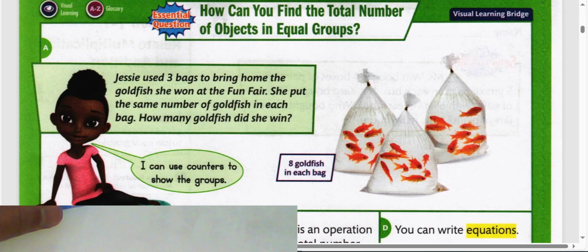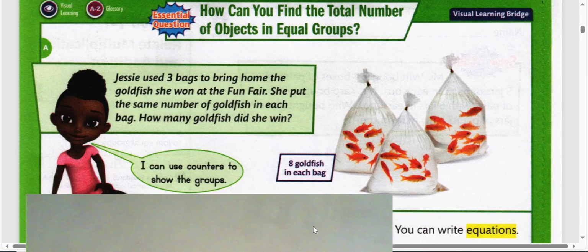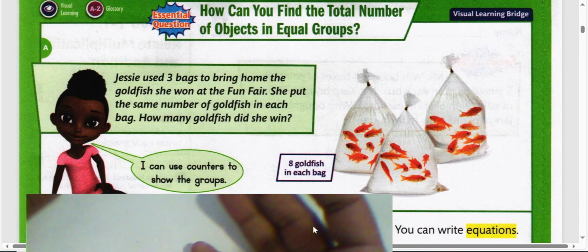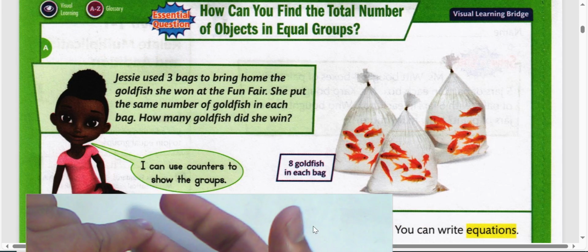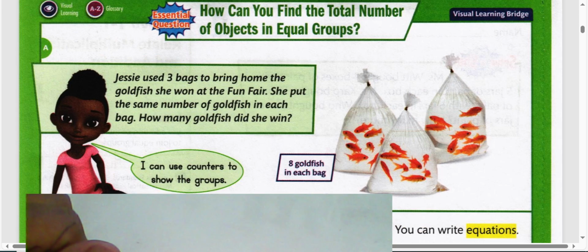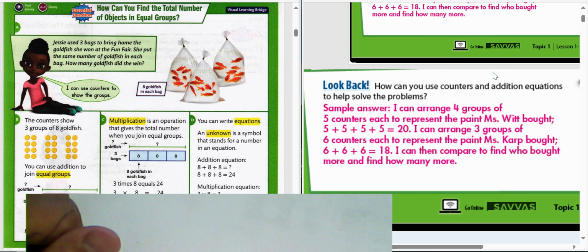Like this, 3 times what? Each one should be the number of goldfish in each bag. We have 8 goldfish each. You can write 8 plus 8 plus 8. We can count 8, 16, 24 by skip counting. And then the answer here.